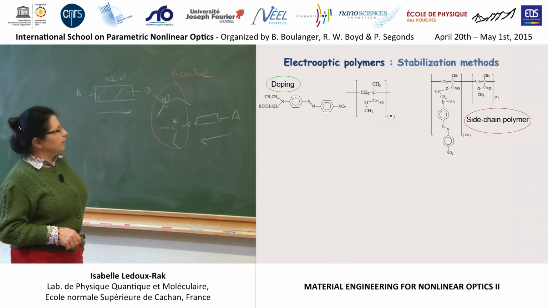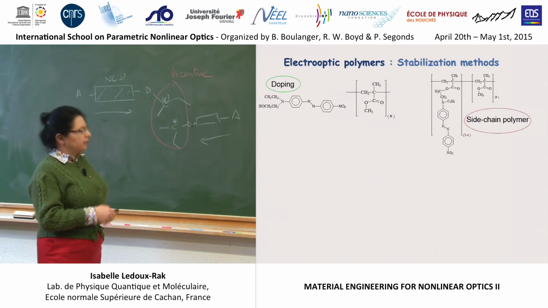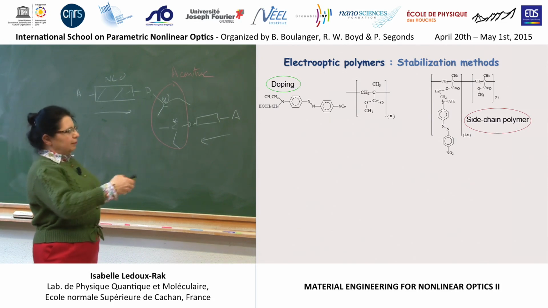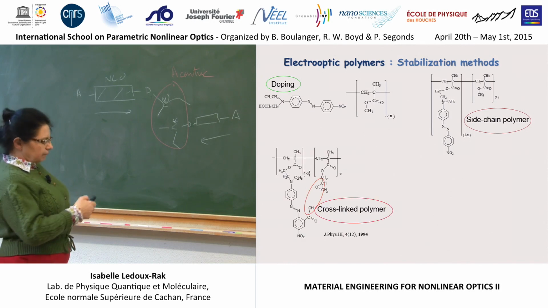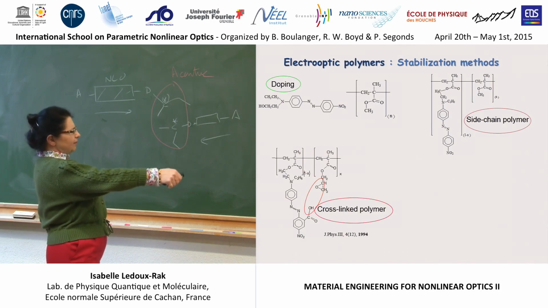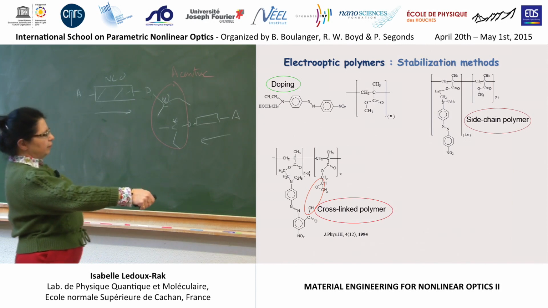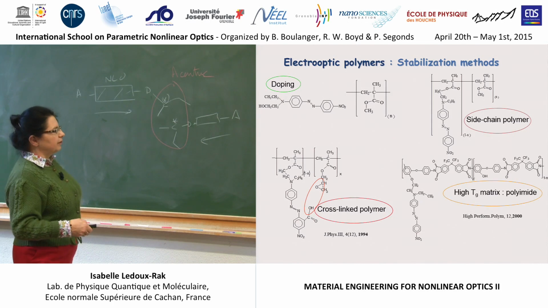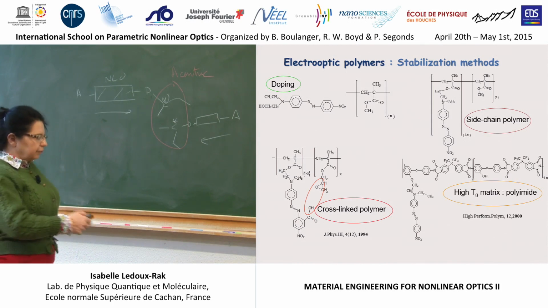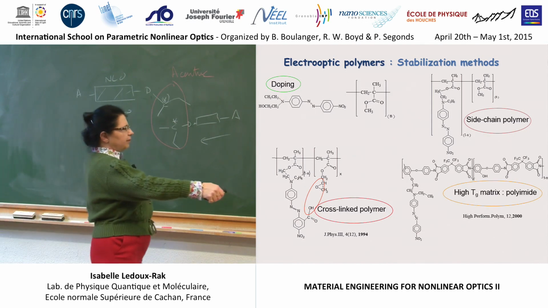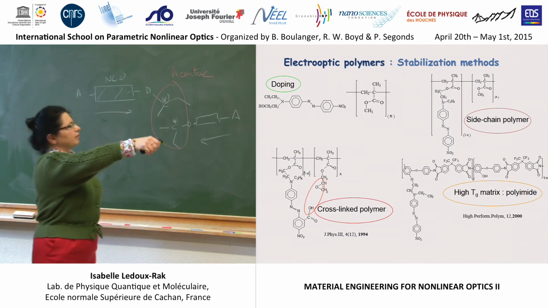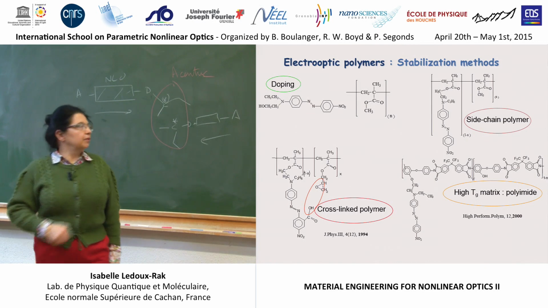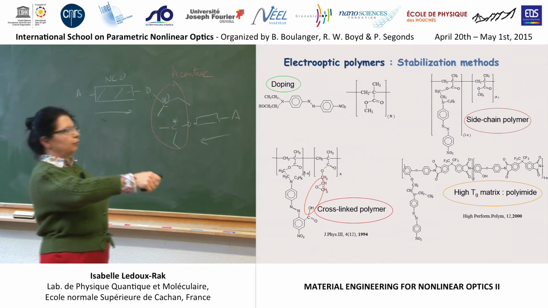So, this is to summarize in a clear way the same, but here you have some examples. So doping is very poor, side chain is better. Cross-linking is still better. Here is cross-linking on two sides of the same molecule on the same chain, but it's possible to cross-link to different chains. And there was also another method, to find different matrices. This matrix here is a very well-known plexiglass or polymethyl methacrylate, which has good transparency and is very easy to process.